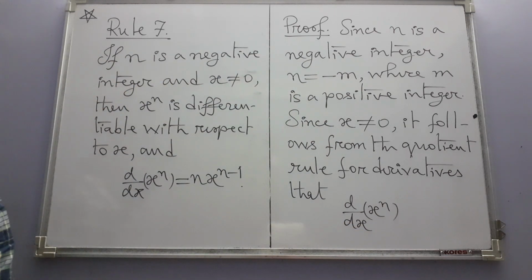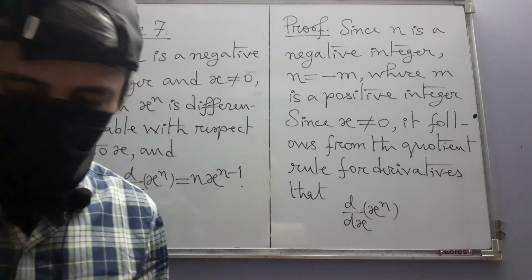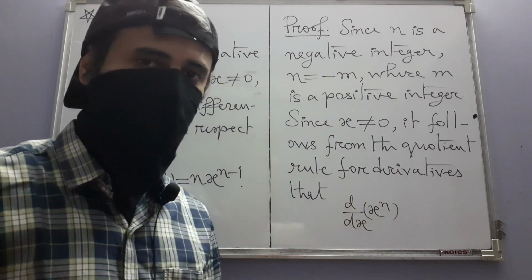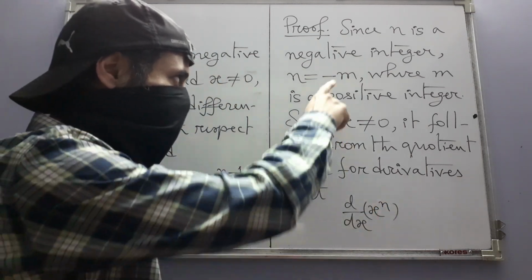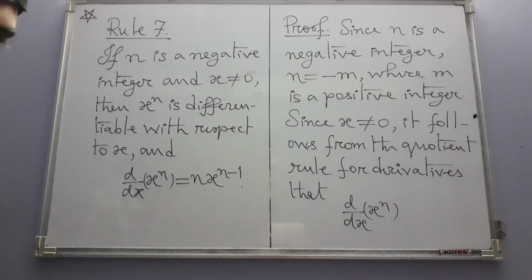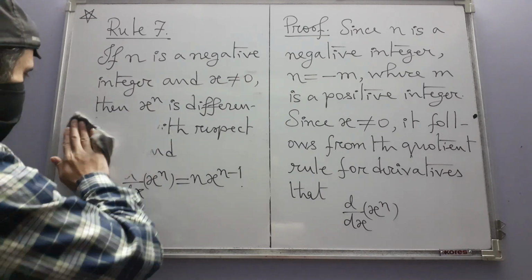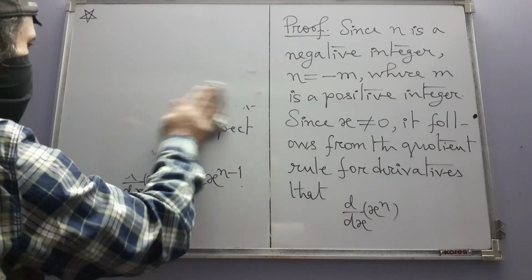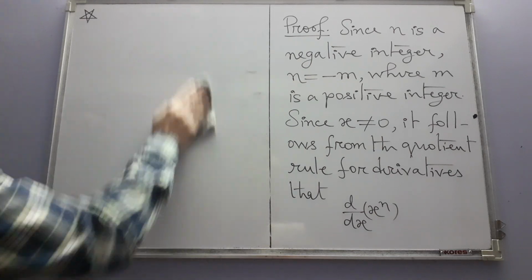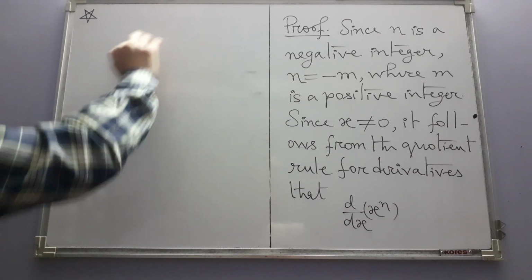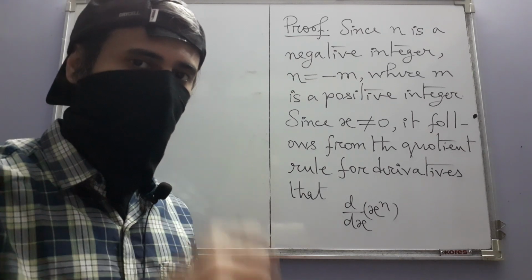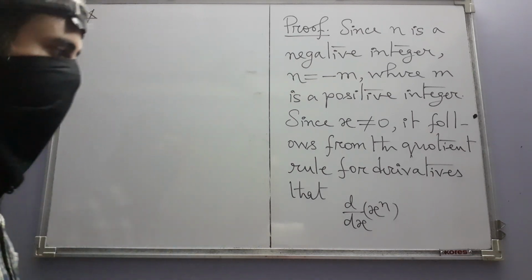Why? Well, because we can now express this nth power of x in terms of the mth power of x using algebra. And when we write that expression, that will appear as a quotient.